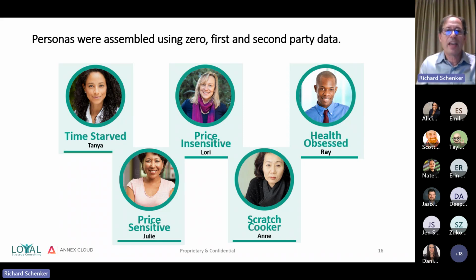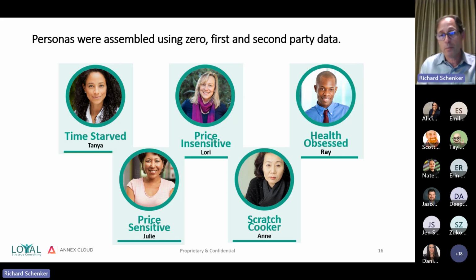So in this particular case, we use zero-party data, first-party data, and to a certain extent, second-party data to really derive these personas. So I'll introduce you to these 5 personas. We'll go into each one of them in a fair amount of detail and give you an opportunity to ask any questions. The 5 included Tanya, who's very time-starved. We had Lori, who's price insensitive. She is really not interested in savings.